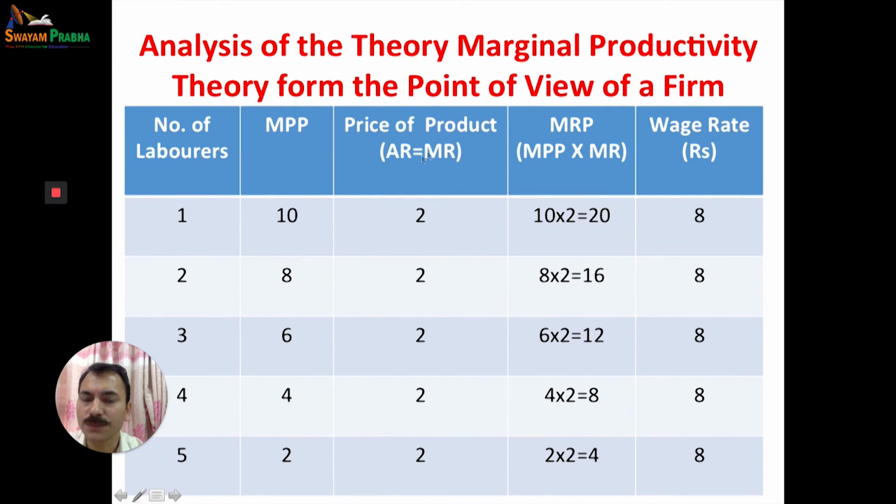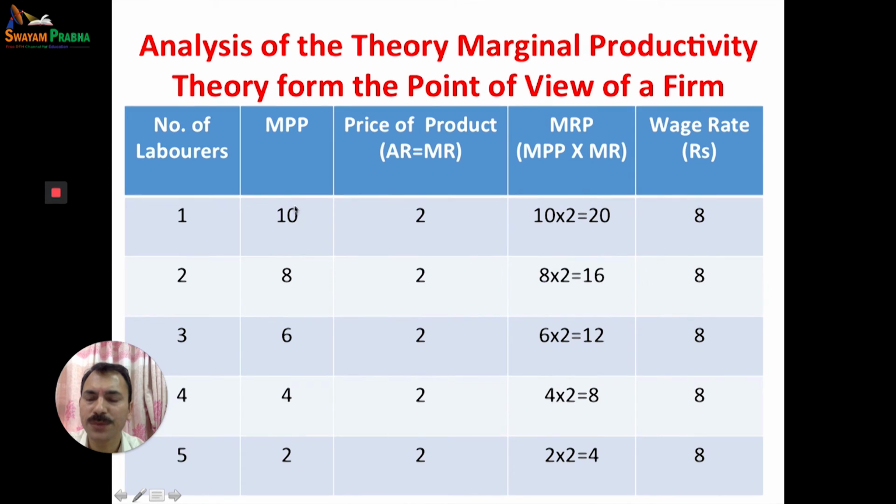But because of perfect competition, the average revenue is the same, say 2, 2, 2, 2, due to the homogeneous factor of production. That's why the average revenue and marginal revenue are identical. But MRP, marginal revenue productivity, we can calculate as MPP multiplied by MR.